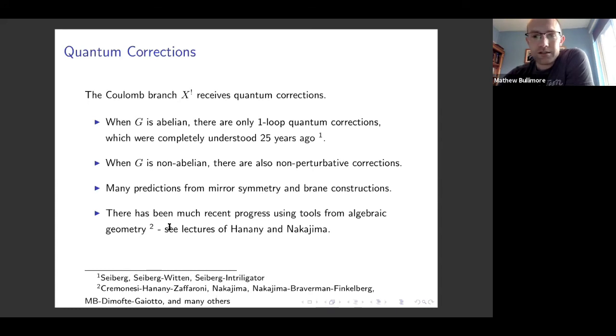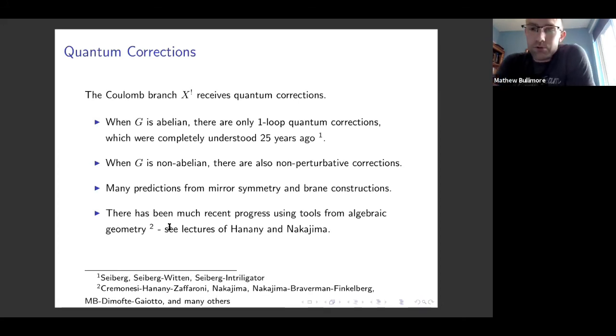And they were completely understood, basically, in the 90s by Seiberg-Witten, Seiberg and Tachikawa and others. And so in an abelian gauge theory, you can really write down the hyperkähler metric and understand fully the Coulomb branch. When the group is non-abelian, you can also get non-perturbative corrections, which, as I said, come basically from dynamical monopoles.